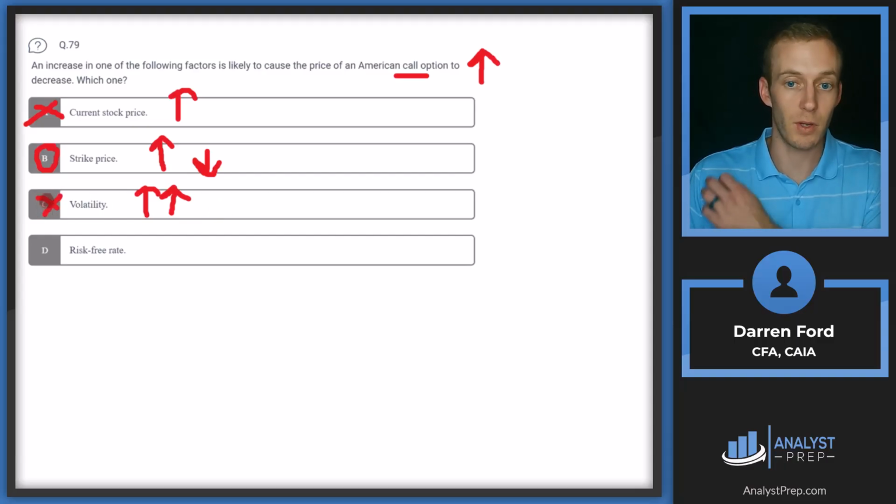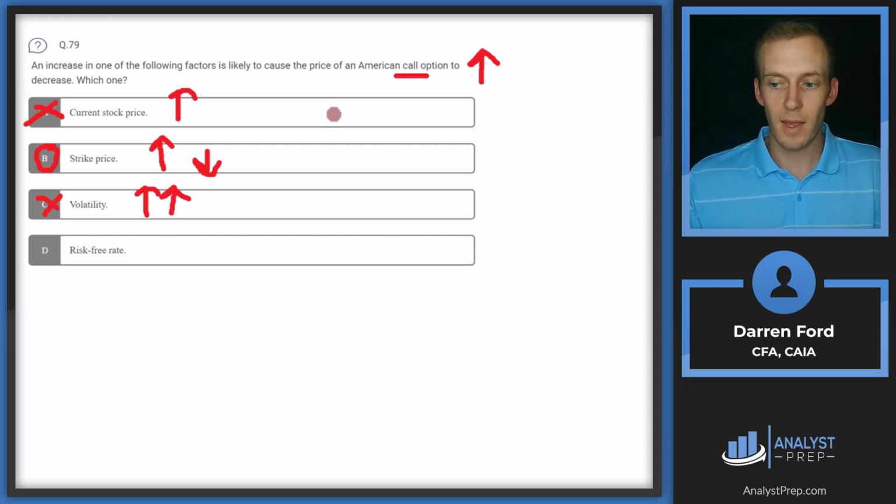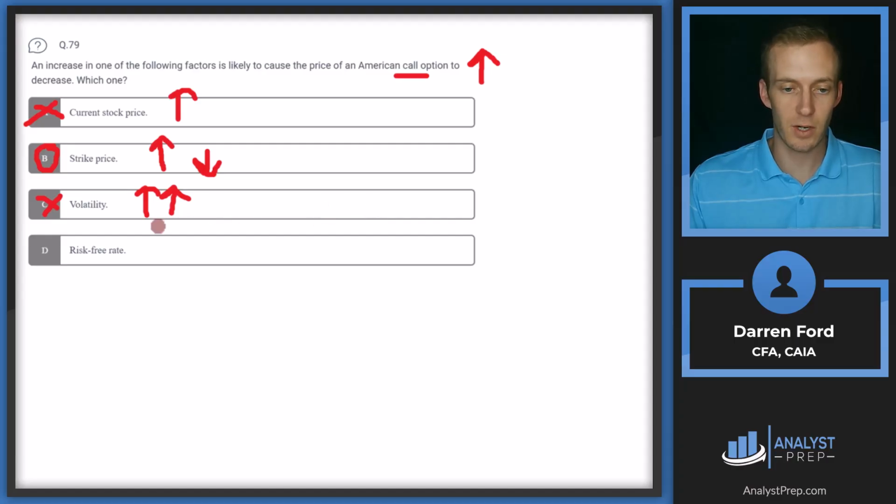Or, not good for you, but good for the value of the call option. And then D, risk-free rate. So an increase in the risk-free rate is generally going to increase the value of a call option since it's going to lower the present value of the exercise price. So it's going to technically lower the present value of the stock price, which will increase the likelihood of being in the money. So we will stick with answer B.